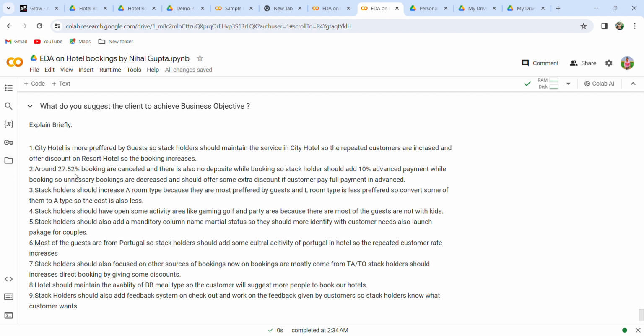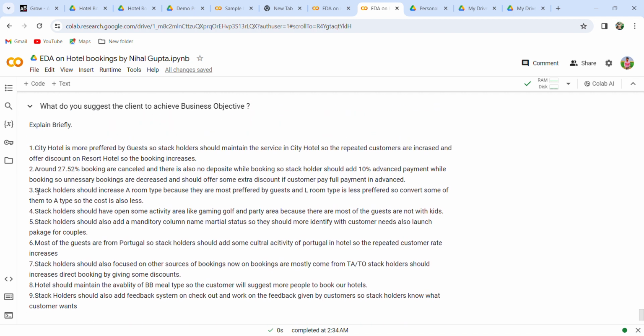Around 27% of bookings are cancelled and they are also not deposited while booking, so stakeholders should add a 10% advance payment while booking, so unnecessary cancellations decrease, and should offer some extra discount if the customer pays the full payment in advance.